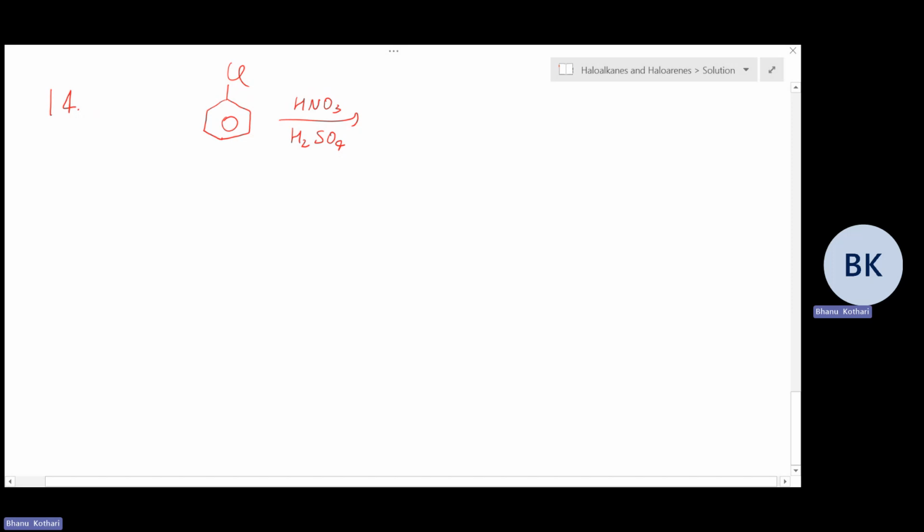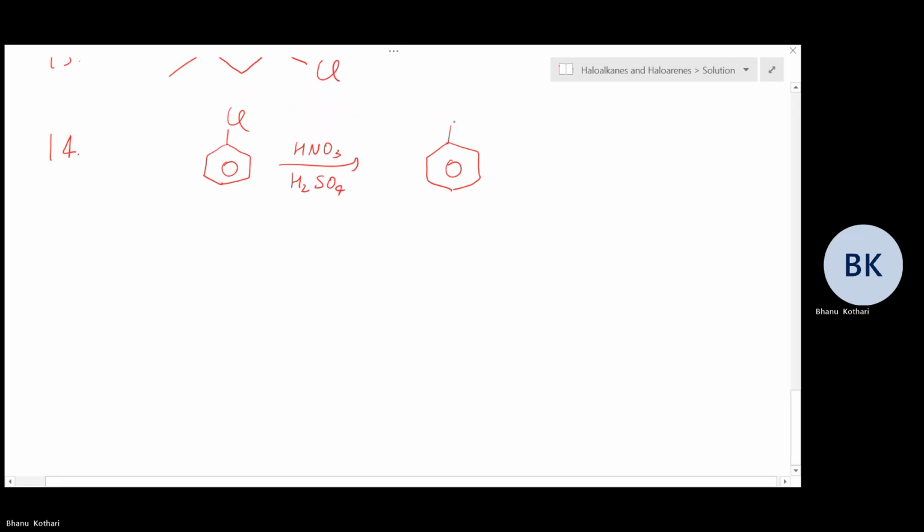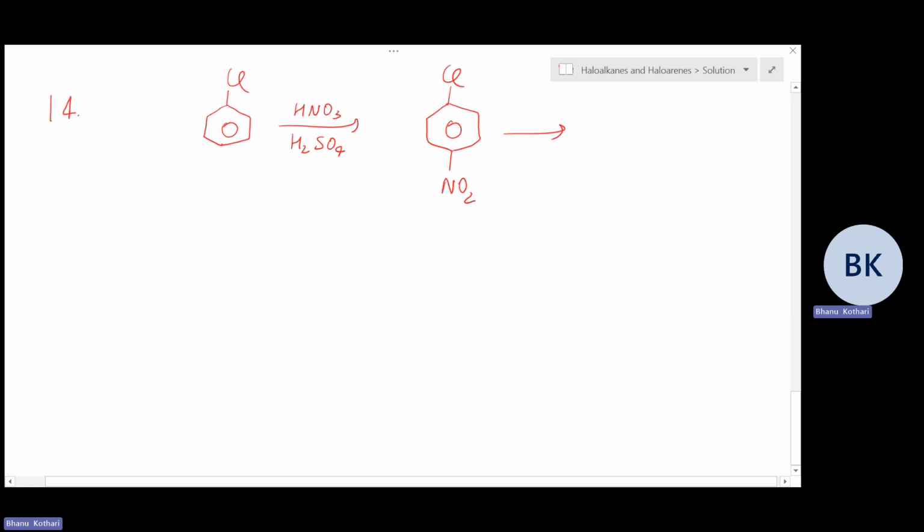And since Cl is ortho-para-directing, you get a nitro group on the para position of Cl. Further, when NaOH is acting, nucleophilic aromatic substitution will take place.